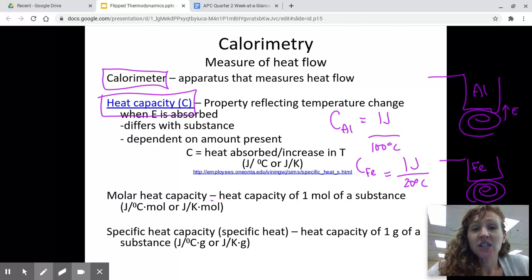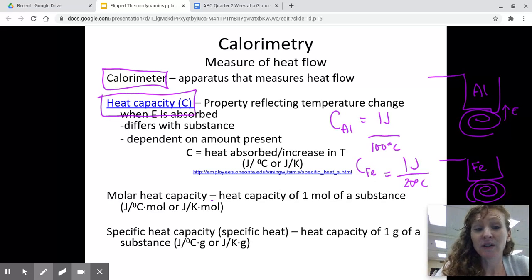Iron changes temperature much more slowly because it has a different heat capacity. So this is kind of the idea of heat capacity, and this extends to all kinds of things.